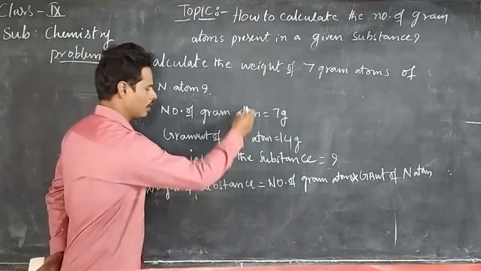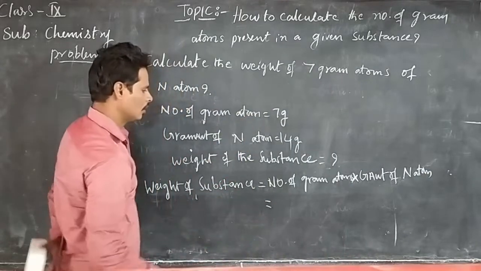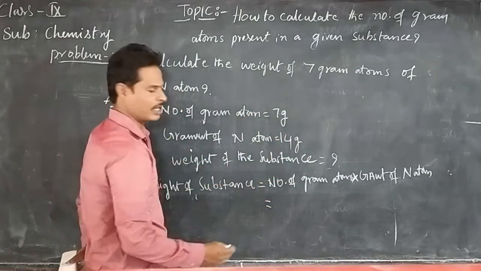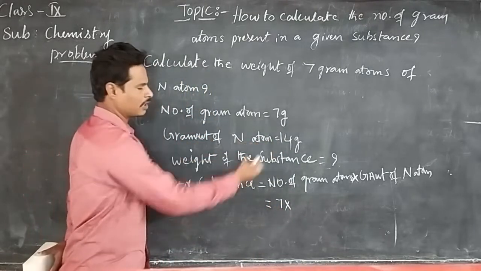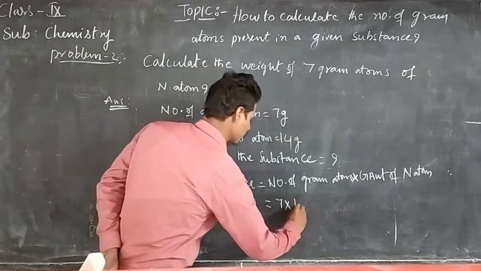Now observe, supply the values in the formula. Number of gram atoms, how many is there? 7. Next, gram atomic weight of nitrogen atom, how much? 14.